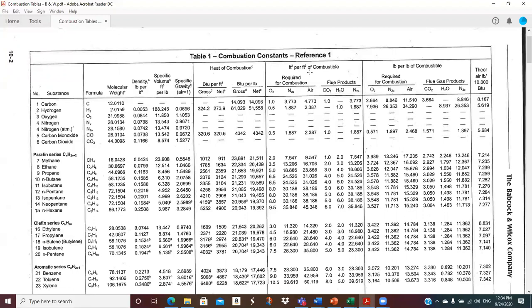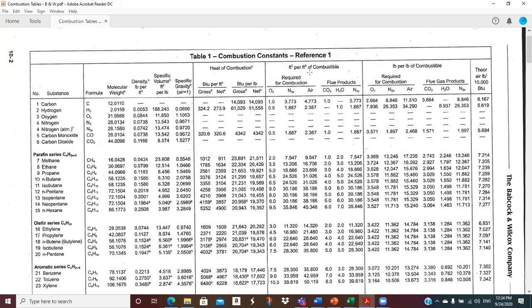We usually do airflows in cubic foot per minute, so I'm going to divide by 60. That's 5,208 cubic foot per minute of natural gas, the CFM of gas into the boiler to provide the heat that I need.